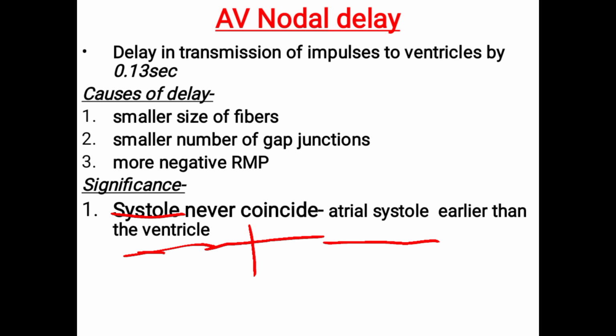I will explain in the next cardiac cycle class what atrial systole and ventricular systole are. If I tell you now, you will be confused. Just remember, to avoid coinciding, this delay is taking place, so atrial systole takes place earlier than ventricular systole. Clear?